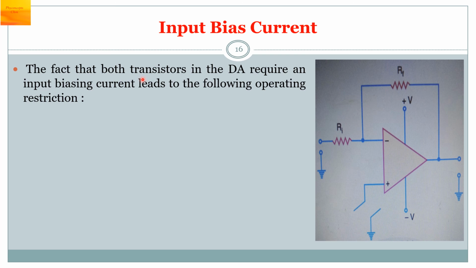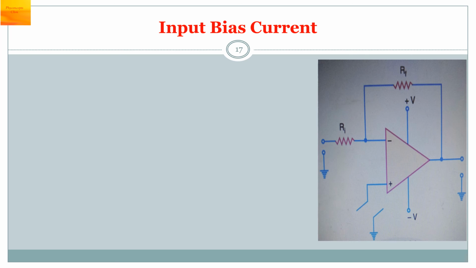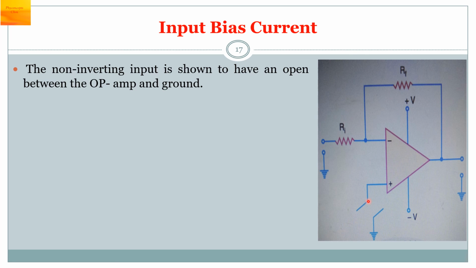The fact that both the transistors require an input biasing current leads to the following operating restriction. An op-amp will not work if either of its inputs is open, as shown in this figure. The non-inverting input here is shown to have an open between the op-amp and the ground.